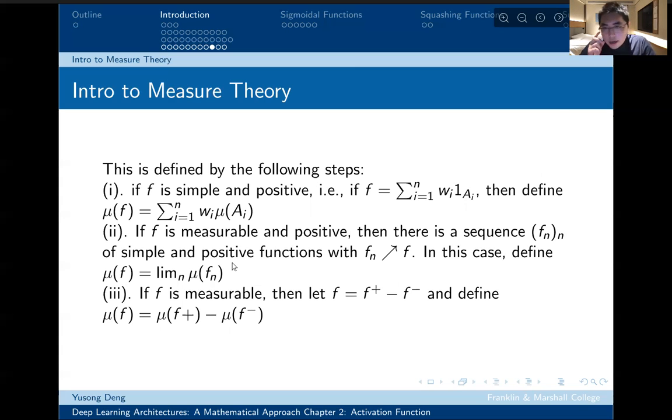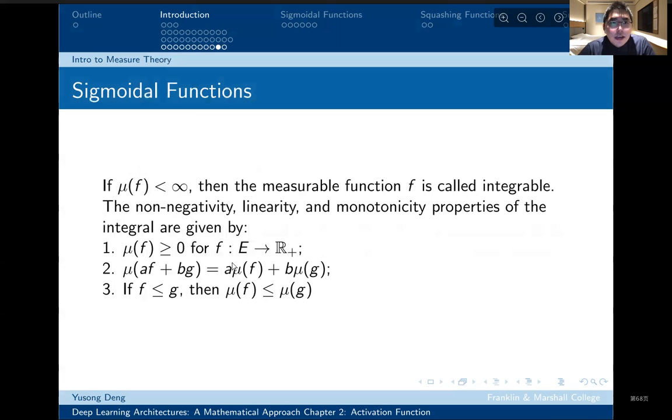As you can see, you can pause here a little bit to look at the process. And here, if mu(f) is smaller than infinity, then the measurable function f is called integrable, and the non-negativity, linearity, and monotonicity properties of the integral are given by this.